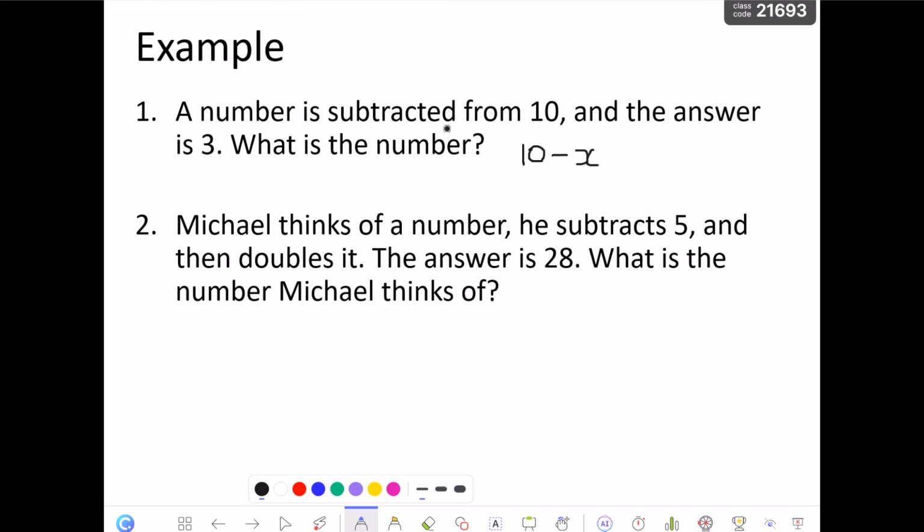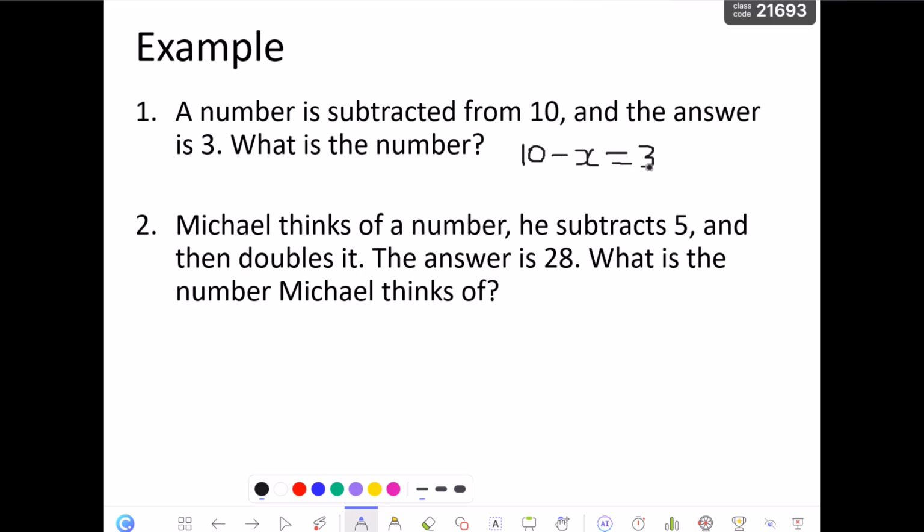A number is subtracted from 10, that is, if x is a number, 10 minus x, which is equals to, and the answer is 3. They now say this equals to 3. So this is the interpretation of these words. So you have converted this word into a mathematical statement. And this is a simple equation. Now, the normal thing now is to collect like terms and your work is over.